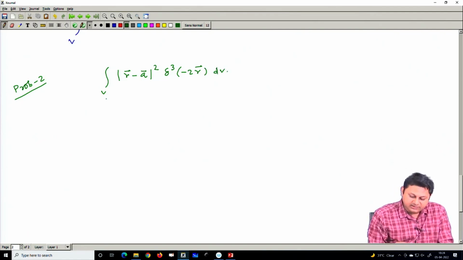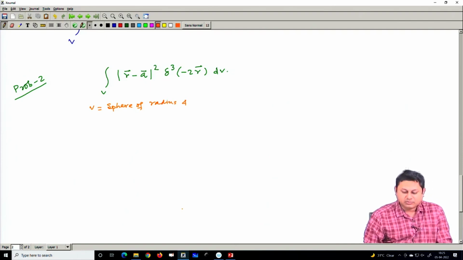Now, this space v is defined here, and it is saying that this is a sphere of radius 4.